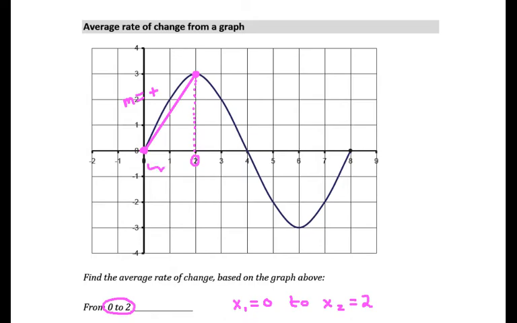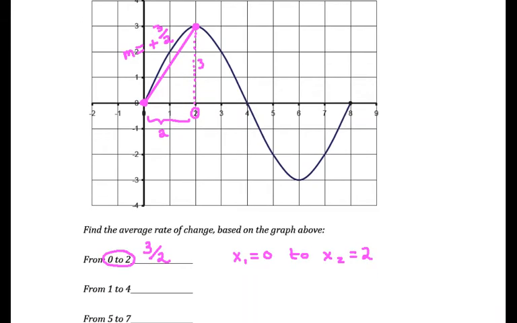It has a run of 2 and a rise of 3, so it's positive 3 over 2, and therefore my average rate of change of the function between those 2 points is equal to 3 over 2. Now I will continue with this idea to answer the other questions. You might pause the video right now and try this yourself and then check your answers.